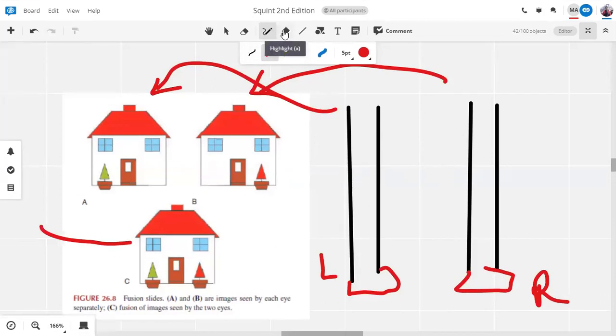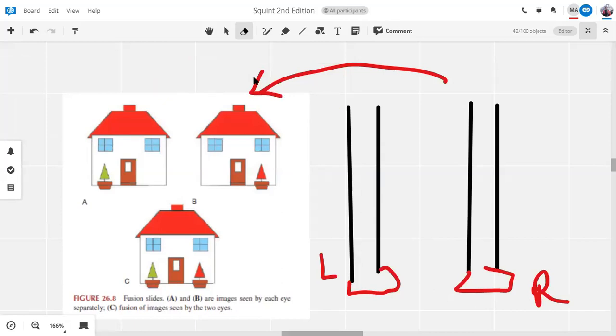So such an instrument is required in order to assess binocular vision. This is the basic principle of an instrument which is used to assess binocular vision and also used to train binocular vision. Do you know what that instrument is?